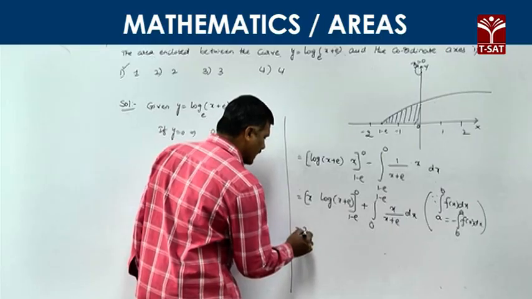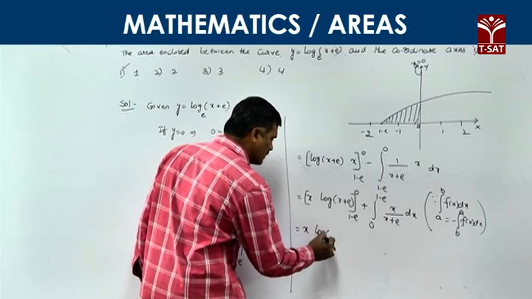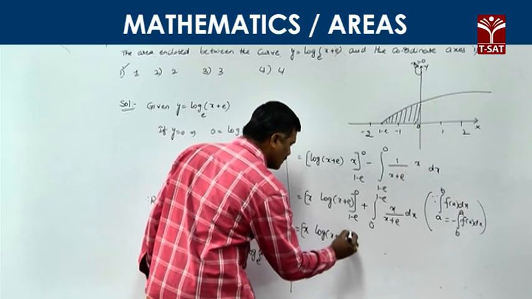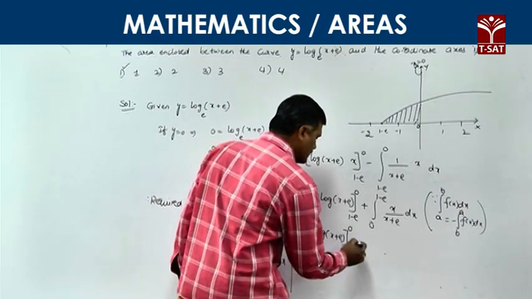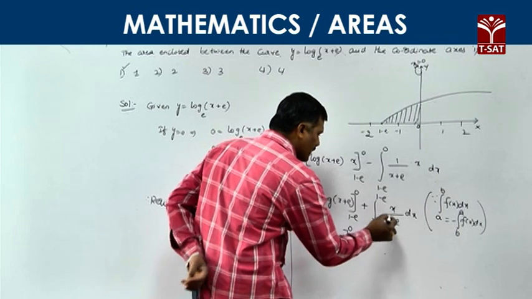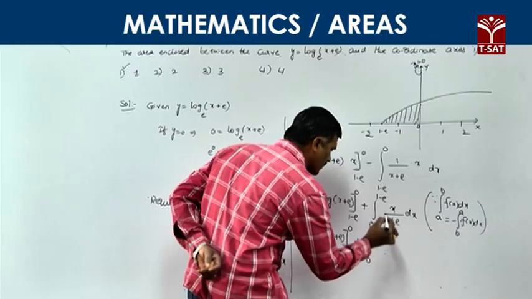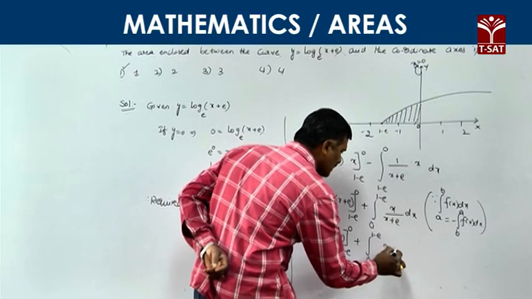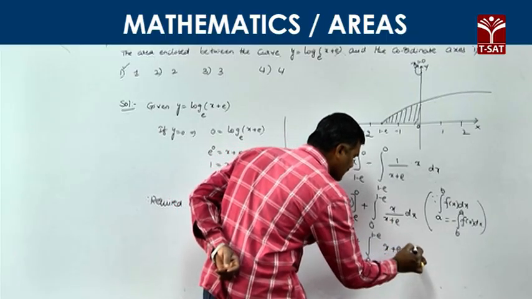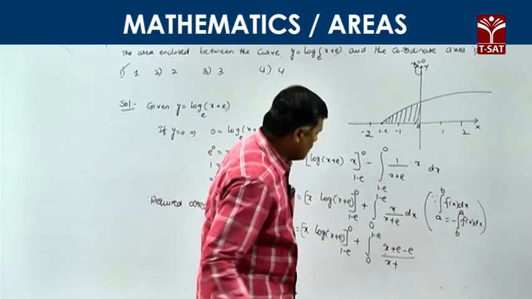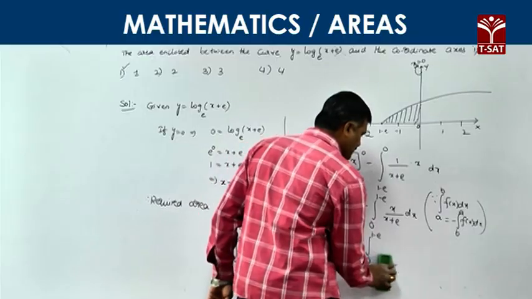That is equal to x into log of x plus e to the base e, limits 1 minus e to 0, plus. Now adding and subtracting e in this integral, 0 to 1 minus e, x plus e minus e by x plus e, or you can write directly f dash x by f of x dx.